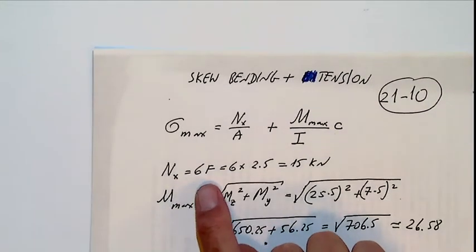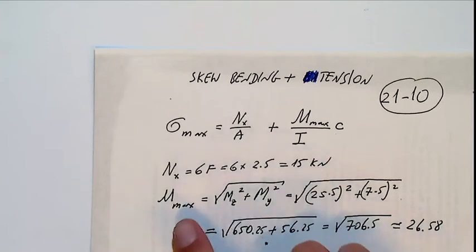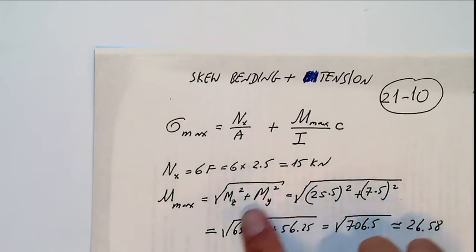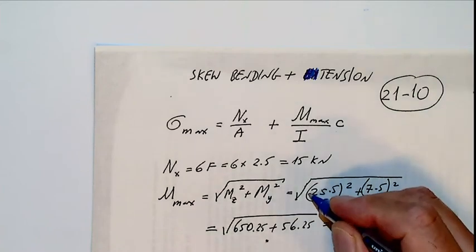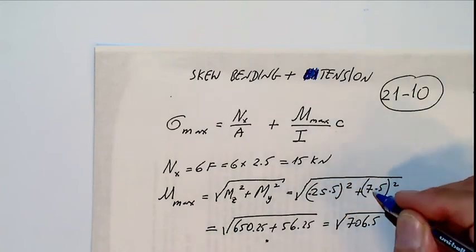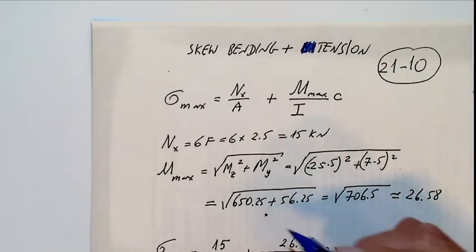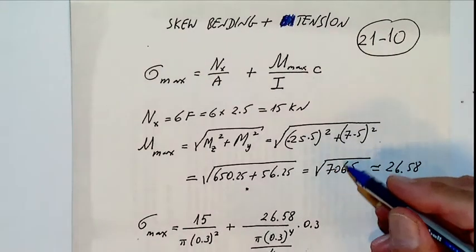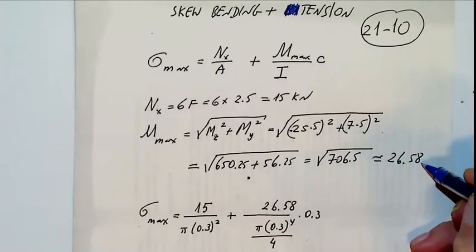Nx equals 6F, so 6 times 2.5 equals 15 kilonewtons. How much is M maximum? It equals the square root of Mz squared plus My squared, which is 25.5 squared plus 7.5 squared. This equals 650.25 plus 56.25, which is the square root of 706.5, approximately 26.58.